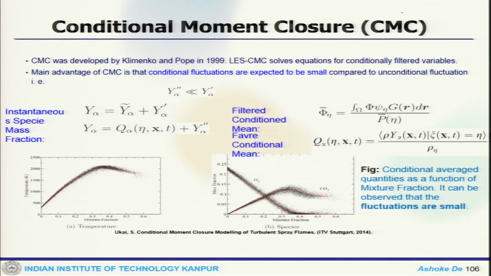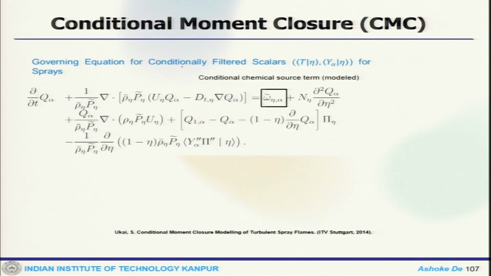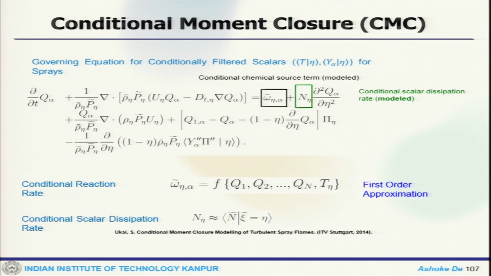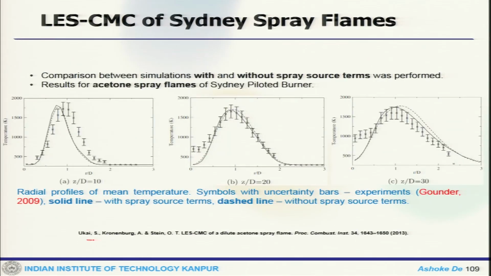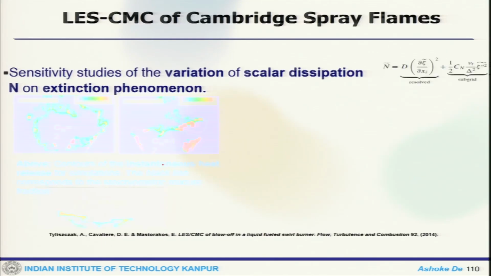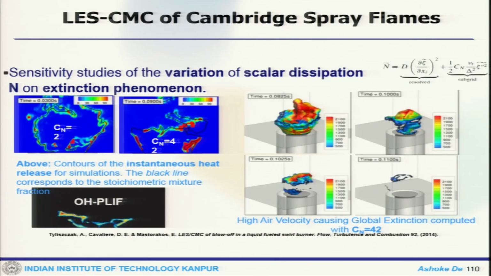Then there is another one, the conditional moment closure, which was initially proposed by Klimenko and Pope, but later on was used by different groups. We have seen the conditional moment closure approach for the gaseous phase; this is now extended for multi-phase, and there will be some additional terms. You can look at these references for details and see how the predictions come through. These are some of the images from that.